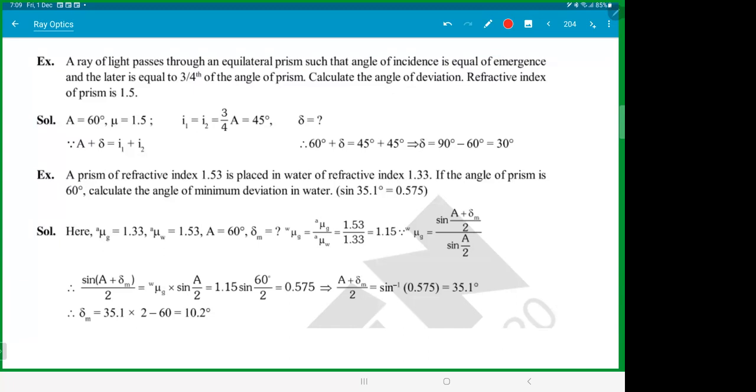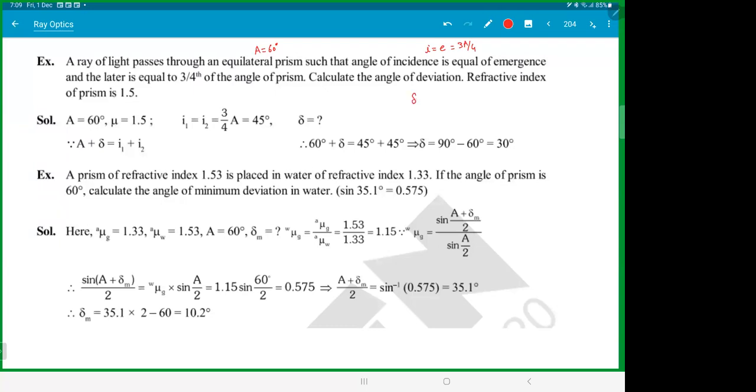Look at the first one. A ray of light passes through an equilateral prism. So indirectly A is 60 is given. Such that the angle of incidence is equal to angle of emergence. So I is equal to E is given. And this is equal to 3/4 of the angle of the prism. He's saying this is equal to 3A/4. You just have to get the data from here. Calculate the angle of deviation, and the refractive index of the prism is 1.5. You know everything. So basically, what is delta?